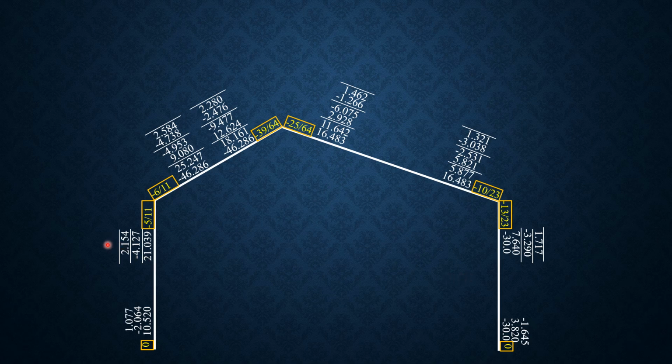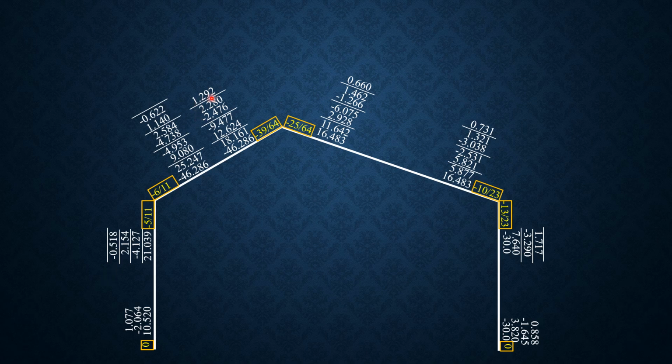Carry over, so 0 here, half of 2.154, 1.077, half of 2.28, 1.14, half of 2.584, 1.292, half of 1.321 here, half of 1.462 here, 0, half of 1.717. Then 1.14 times negative 6 over 11, negative 0.622 lakh. 1.14 times negative 5 over 11, negative 0.518 lakh.